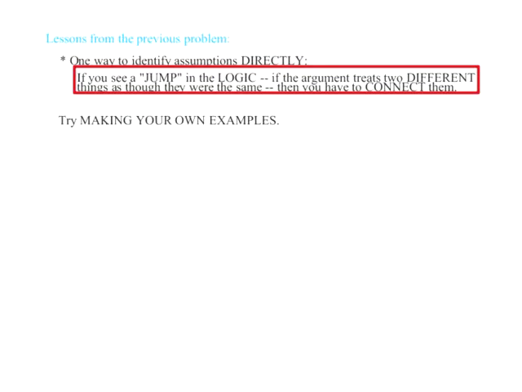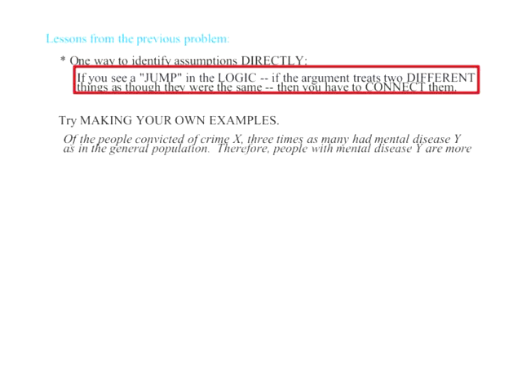If I had to make my own example, I would say something like, of the people convicted of crime X, 3 times as many had mental disease Y as in the general population. Therefore, people with mental disease Y are more likely to commit crime X.